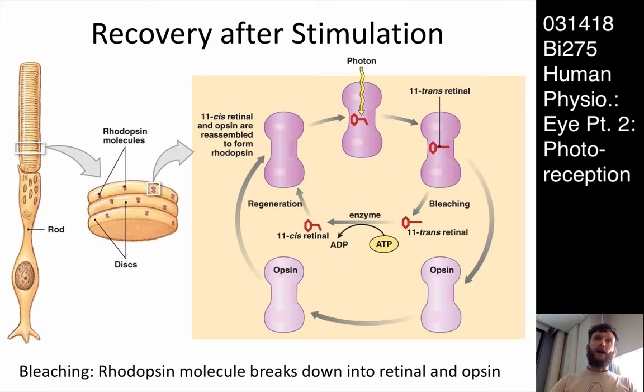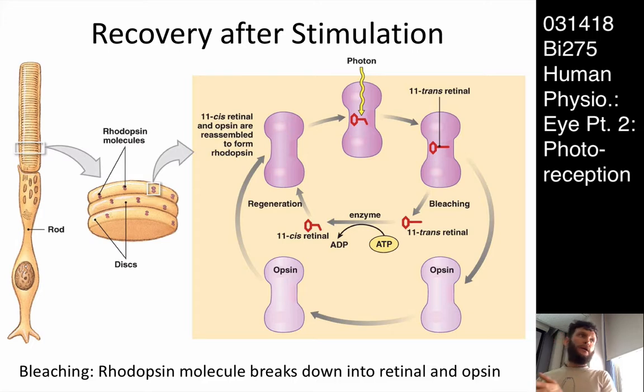Until the rhodopsin has been reconstituted, those photoreceptors are not functional, right? They're not able to establish the dark current because rhodopsin has not been reconstituted. Opsin is still free and activating transducin, et cetera.